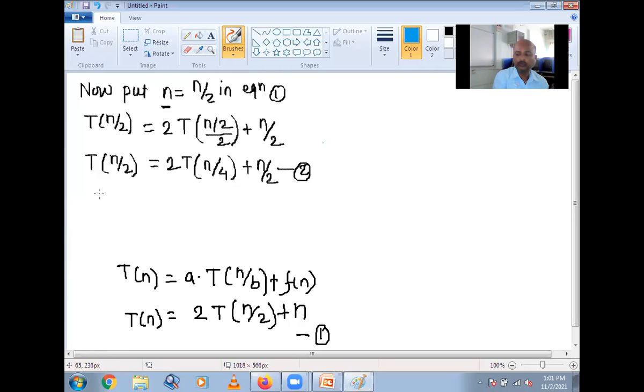From equations 1 and 2, put the value of T of n by 2 in equation 1.